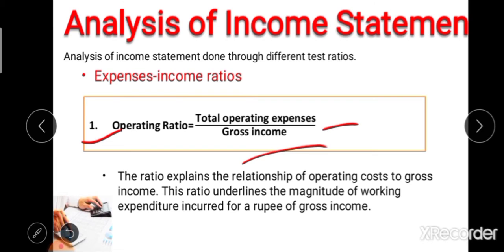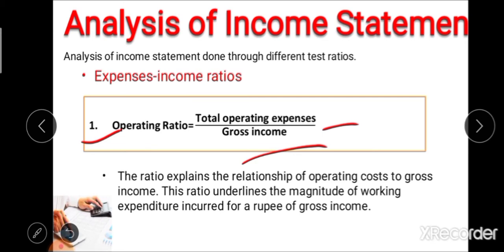This ratio explains the relationship between operating cost and gross income, and it underlines the magnitude of working expenditure incurred per rupee of gross income.